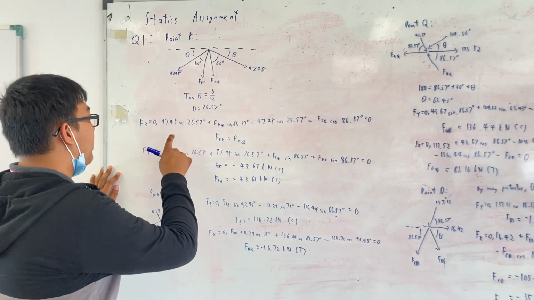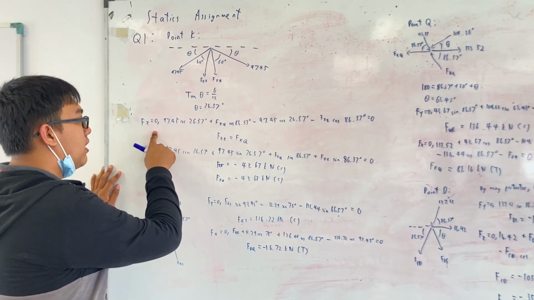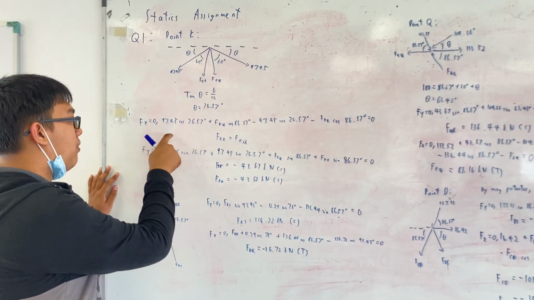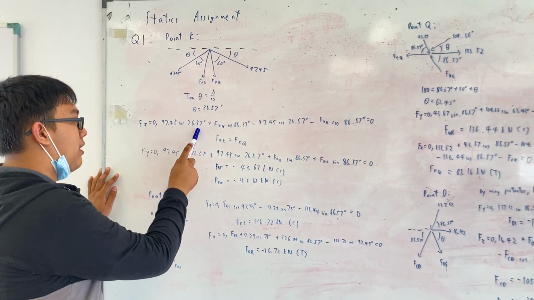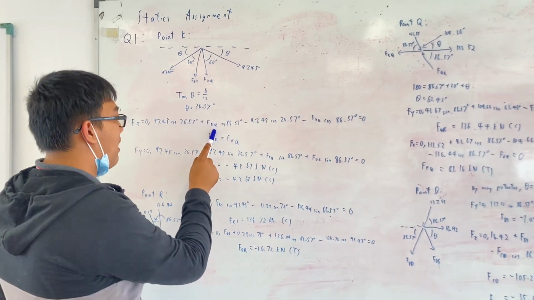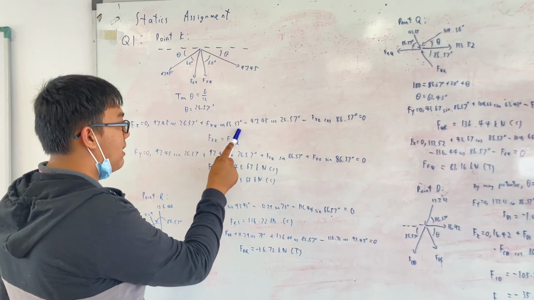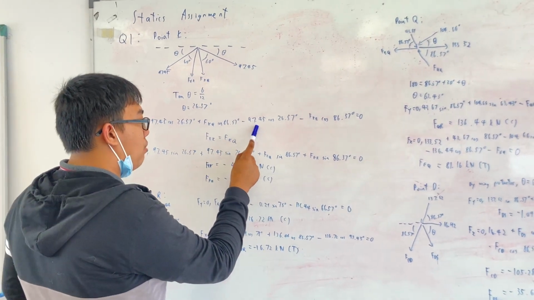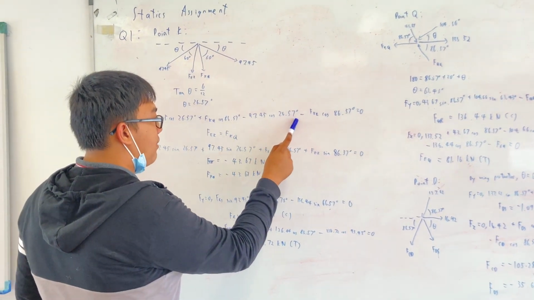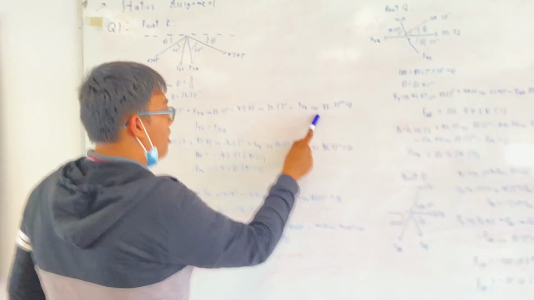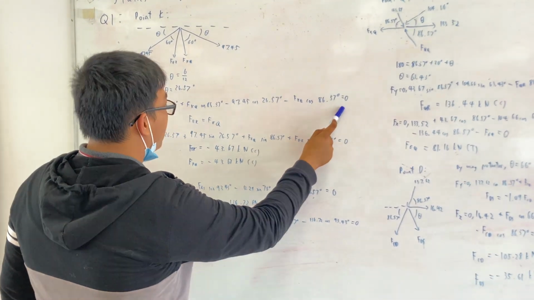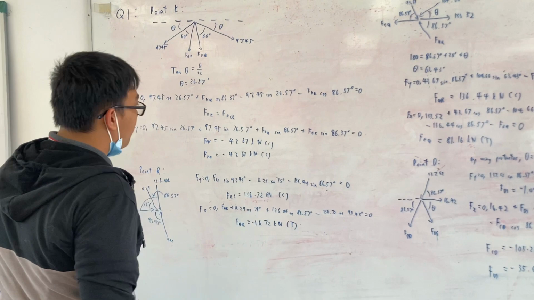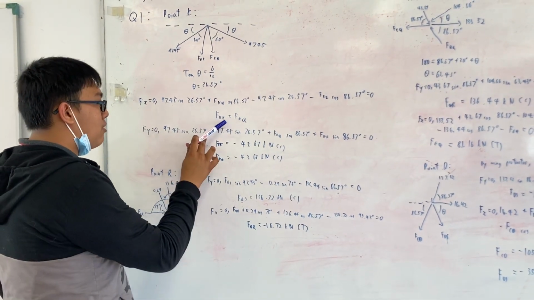With that, we can find the Fx value first, which is 97.45 cos 26.57 plus FKQ cos 86.57 minus 97.45 cos 26.57 minus FEK cos 86.57 degrees, which is equal to 0. With that, we can get that FEK is equal to FKQ.